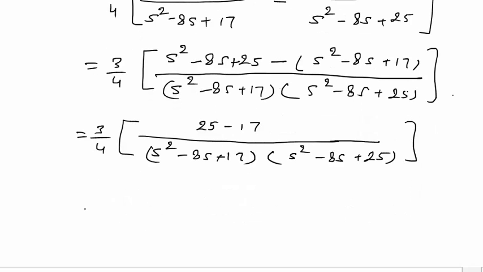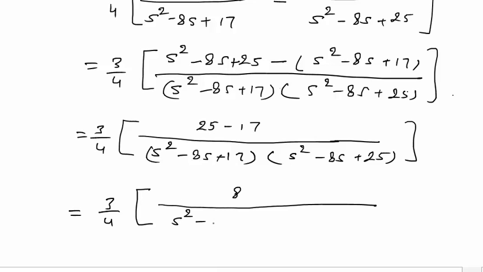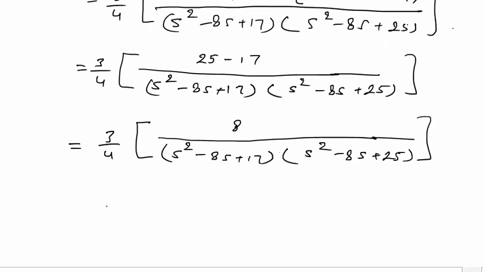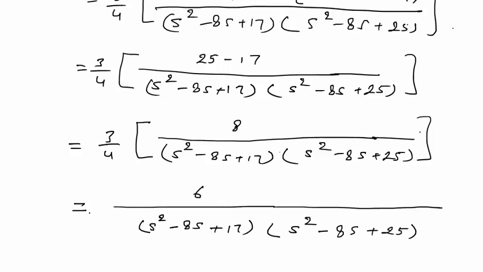So this will give the answer as 3 divided by 4, 25 minus 17 is 8, divided by s square minus 8s plus 17 into s square minus 8s plus 25. Now this 8 and the 4 will cancel and I have 6 in the numerator. So my final answer will be 6 upon s square minus 8s plus 17 in one bracket and s square minus 8s plus 25 in another bracket. So this is how we can find Laplace of e power 4t into sin cube t.